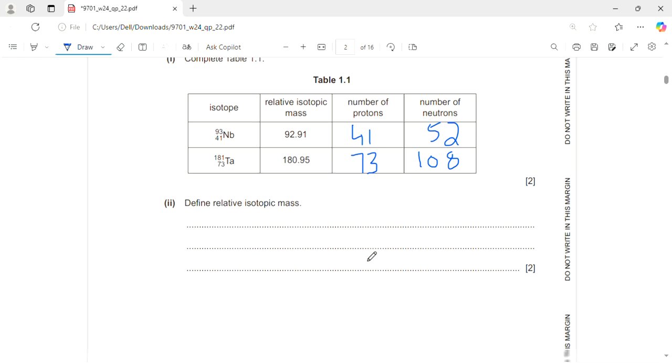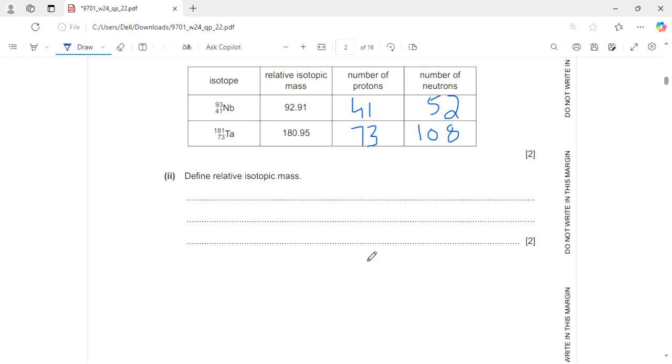Now move to part 2. Define the relative isotopic mass.